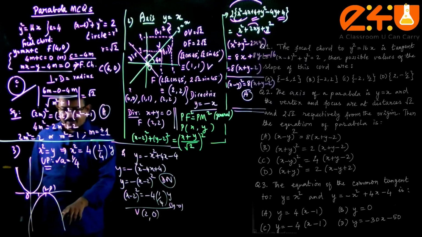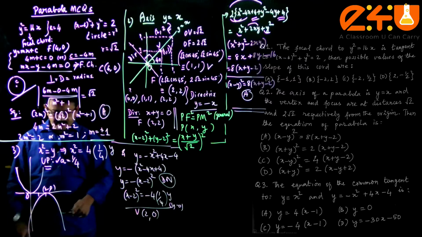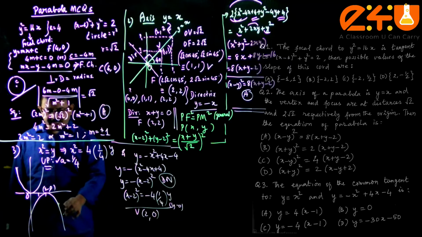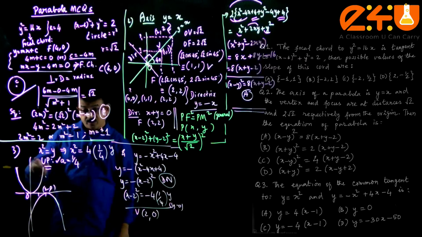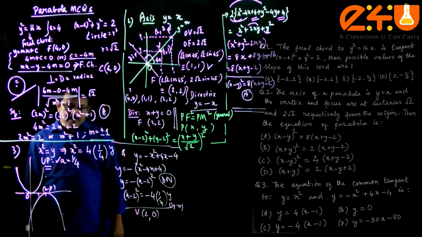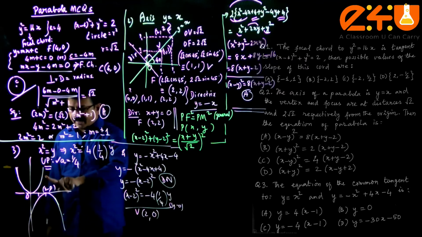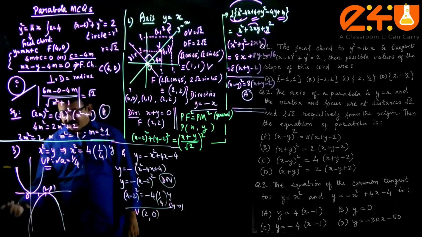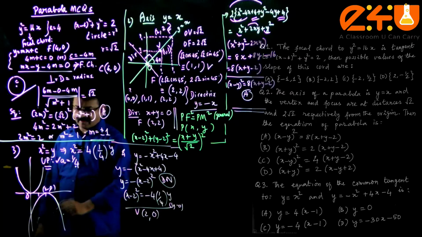Can you make common tangent on this side? No. Whenever you try to draw a common tangent, it will cut across the parabola, it will not become tangent to the x squared equal to y parabola. Not possible. Okay. So common tangent is only possible on the left side of the downward parabola.